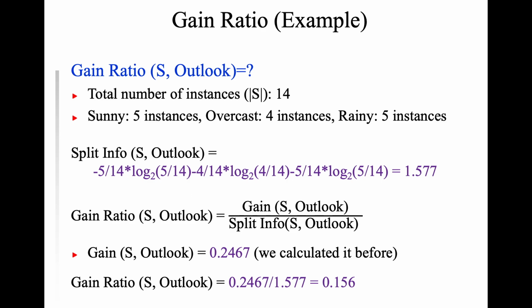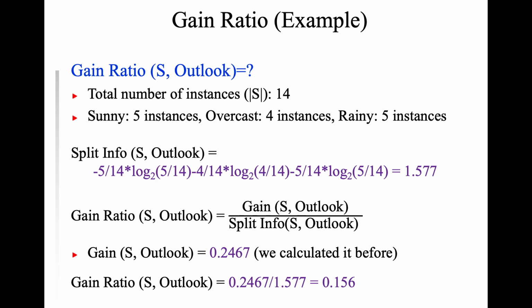Now, for example, let's calculate the gain ratio of our set S with respect to the attribute outlook. First of all, we have to find the gain of S with respect to outlook, which we did before, and the number was 0.24 something. Now the only extra step that we have to do for gain ratio is to find the split info, or that intrinsic information.